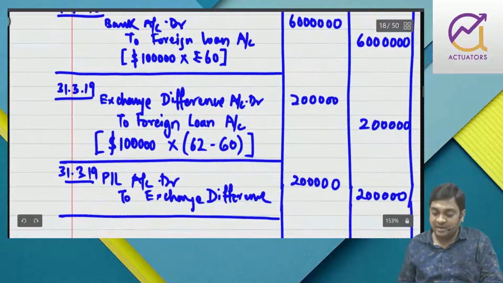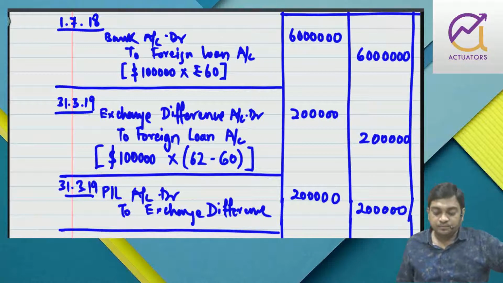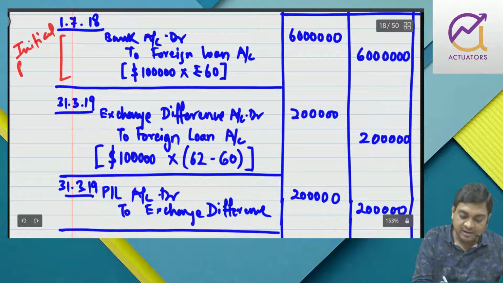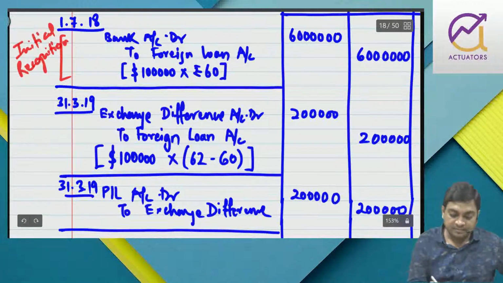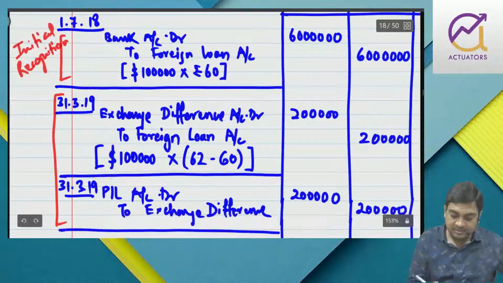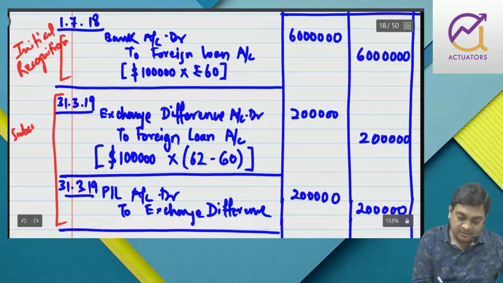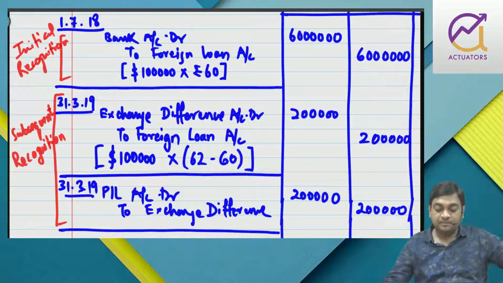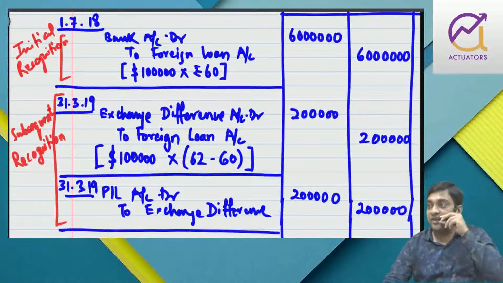Subsequent recognition has been done. So this is initial recognition. This is subsequent recognition. Is that fine?